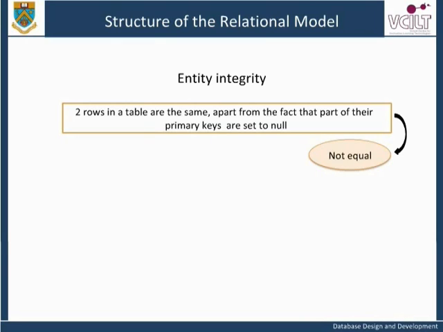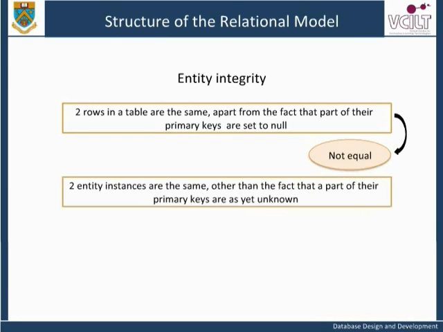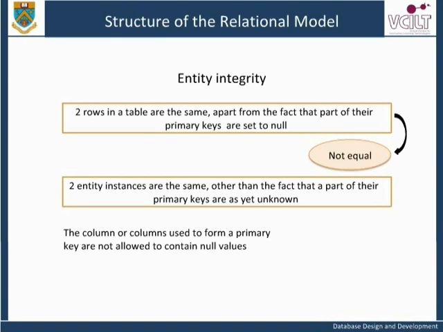What is really going on here is that the two entity instances are the same, other than the fact that a part of their primary keys are as yet unknown. Therefore, the occurrence of nulls in primary keys would stop us being able to compare entity instances. For this reason, the column, or columns used to form a primary key, are not allowed to contain null values.